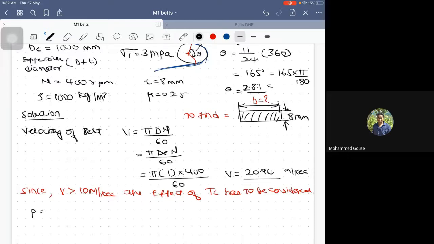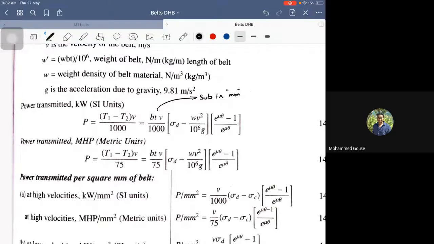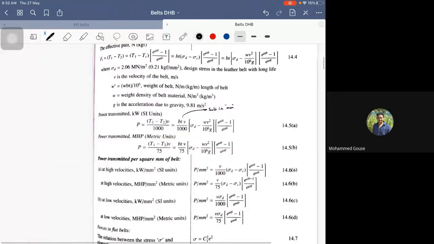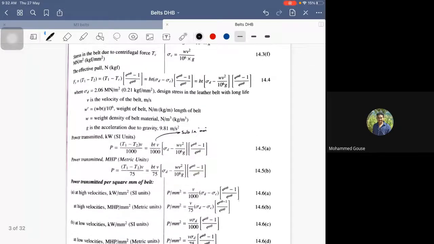P is equal to. So this is the formula. If you observe the data handbook, this is the formula you have to use when TC is considered. When TC is not considered, you can use the other formula. Okay.